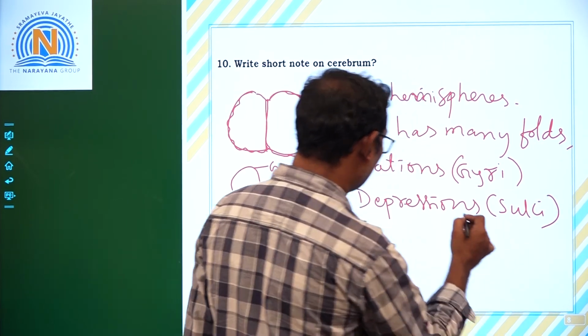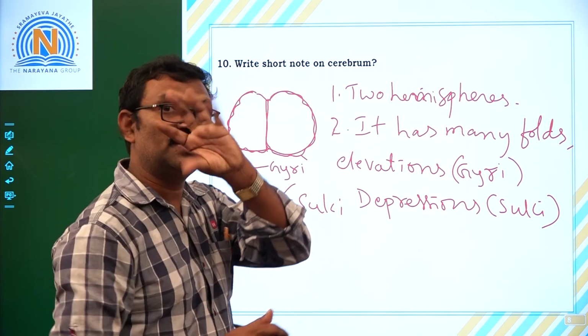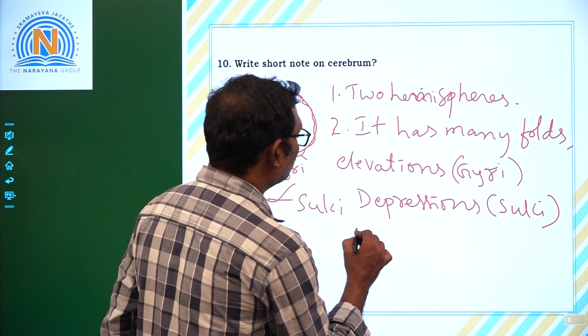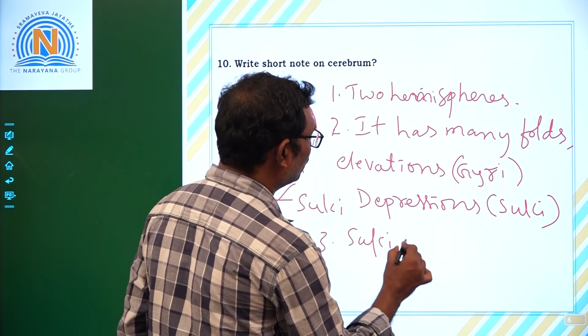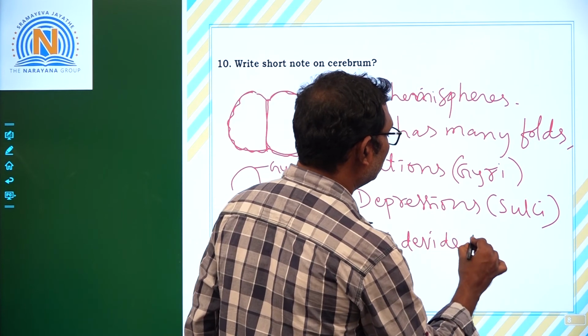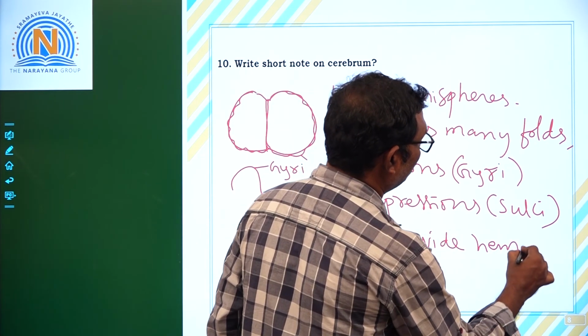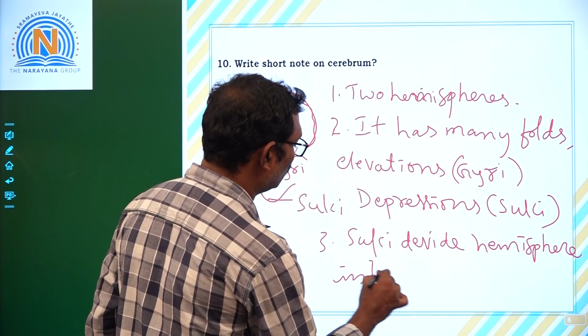So sulci are very prominent because they divide the hemisphere into 4 lobes.